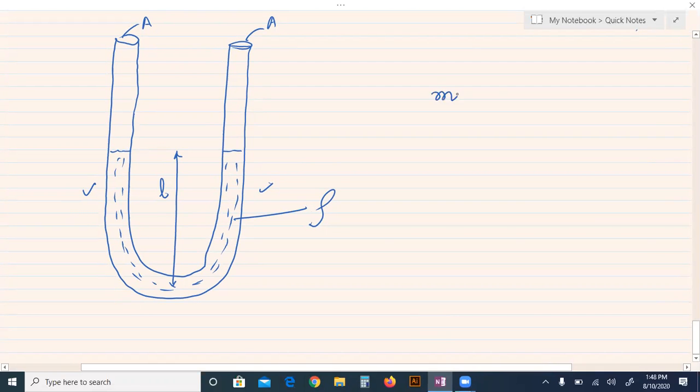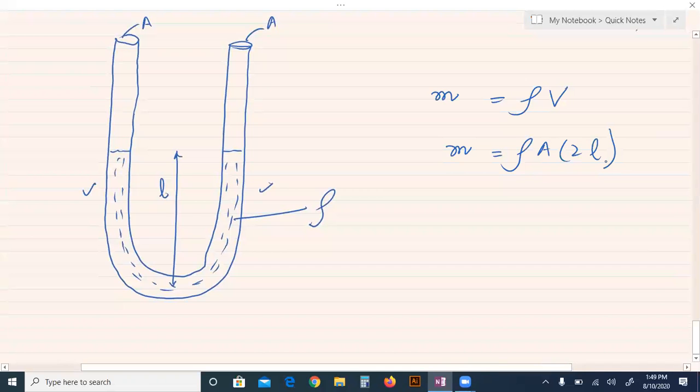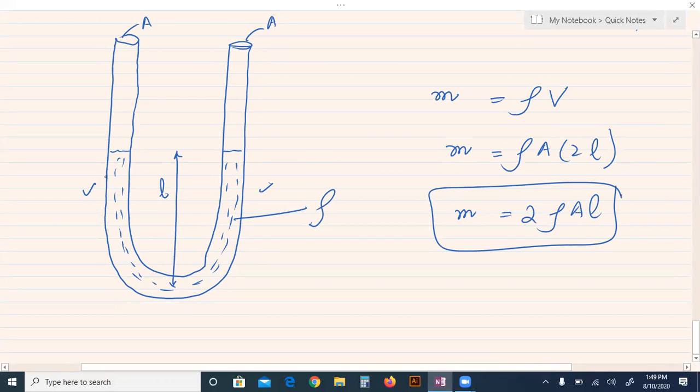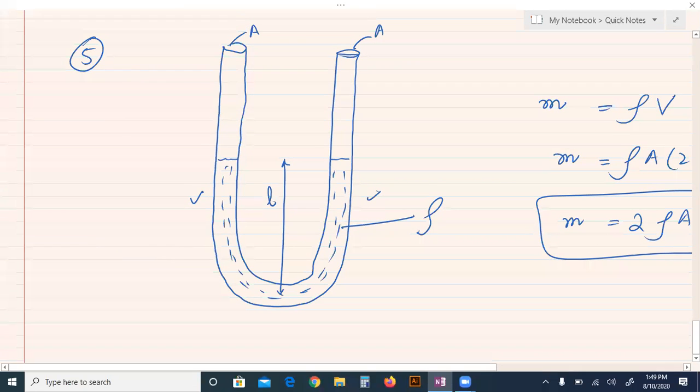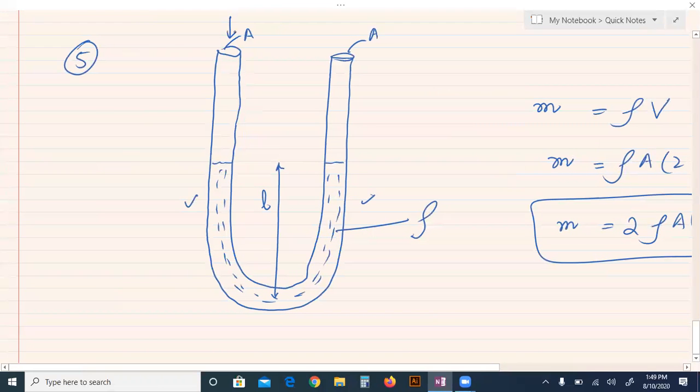So according to the formula, mass is equal to density into volume. So the total mass of this liquid is density, area, into 2L. So M is equal to 2 rho AL. This 2 is because of two lengths, left and right. Now, here atmospheric pressure is the same, 1 into 10 power 5 Pascal on both sides. So the level of the liquid in both is the same.